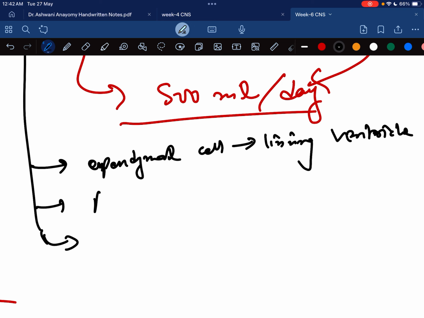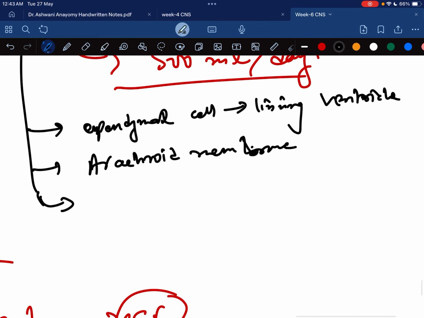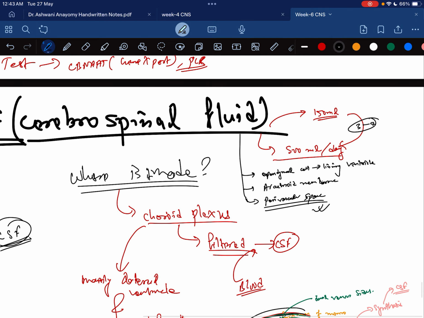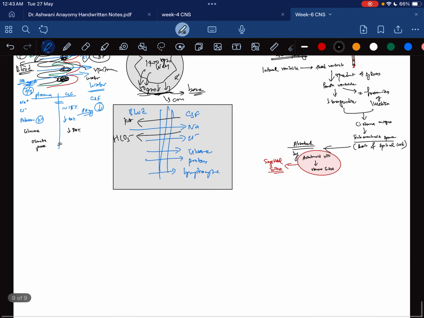There are the arachnoid membranes, and then the perivascular spaces. Regarding this concept, we will discuss it in further coming videos.